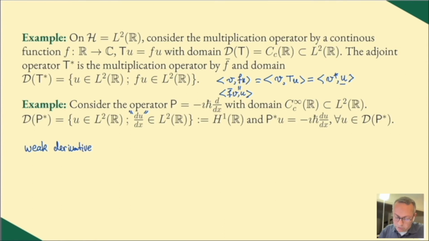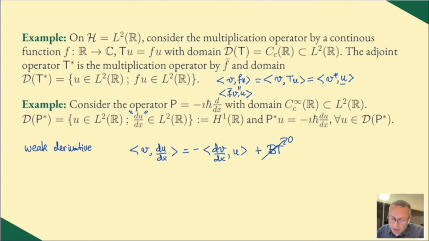So namely, if I write the integration by parts formula, this is the inner product in L2, so that's an integral, and you have boundary terms. Well, U is C infinity with compact support, so you won't have any boundary terms.